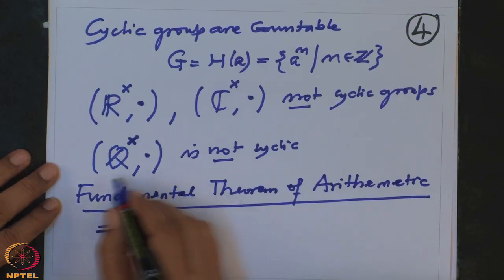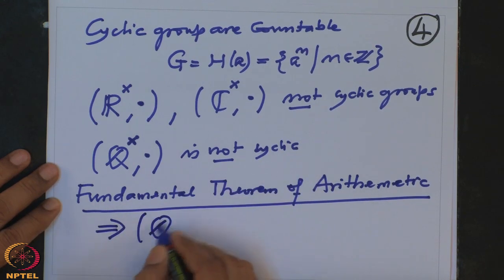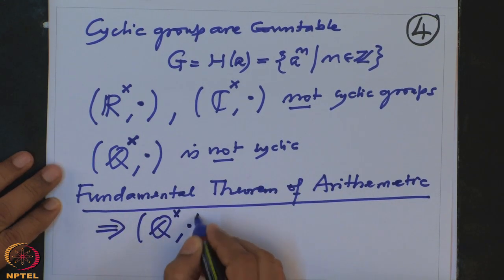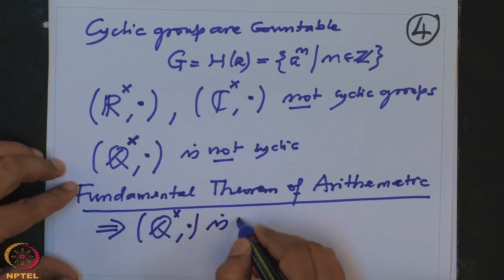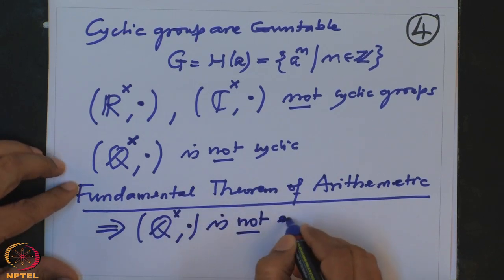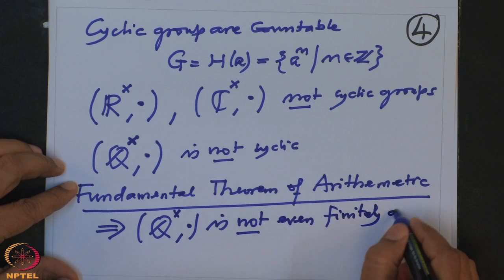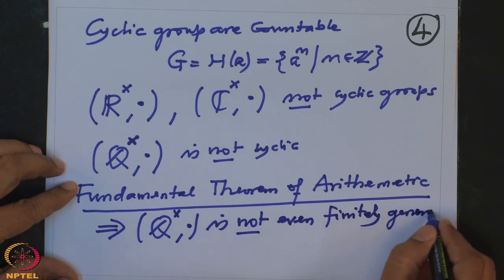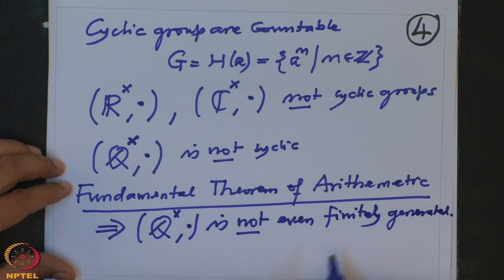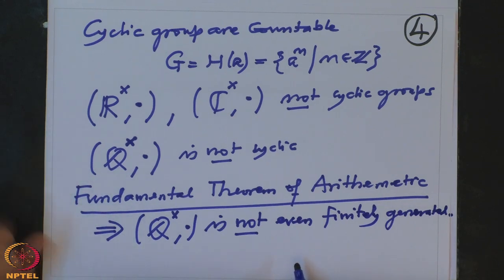One can use that to prove something more general than non-cyclic: that Q cross under multiplication is not even finitely generated. Let alone one element generating the non-zero rational numbers, even finitely many elements cannot generate Q cross as a group under multiplication.